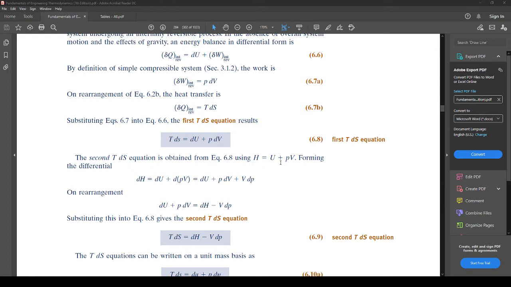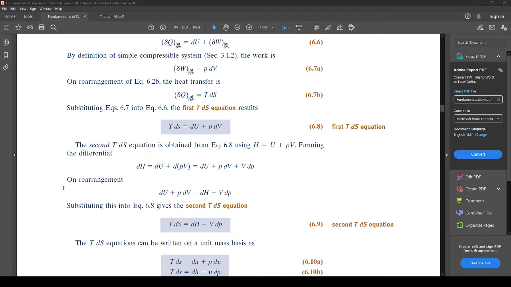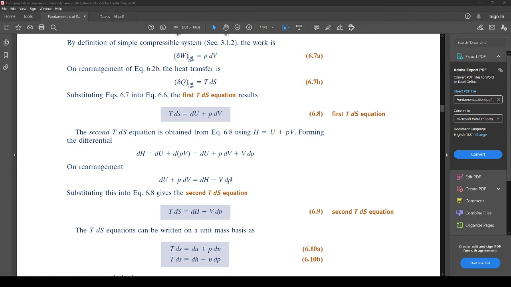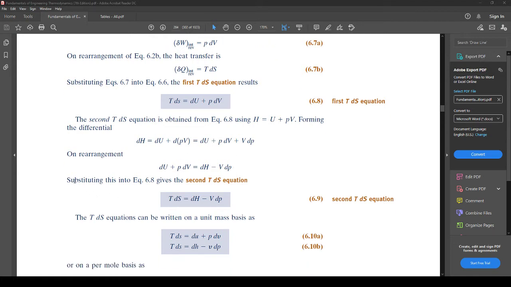It's going to get a lot here for a second, but then it'll clear itself up. Don't worry about it. And it says on rearrangement, dU plus PdV is equal to dH minus VdP. So we've now moved it to the other side, right? And then substituting this equation into 6.8, you get TdS is equal to dH minus volume times dP, right?